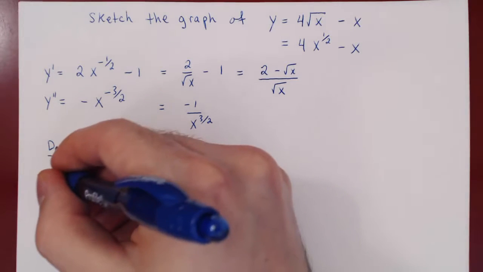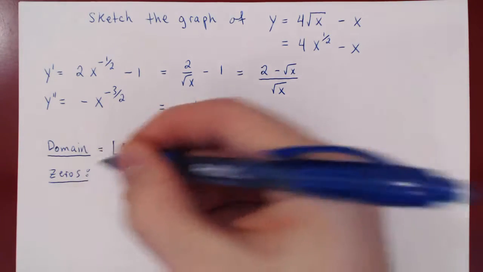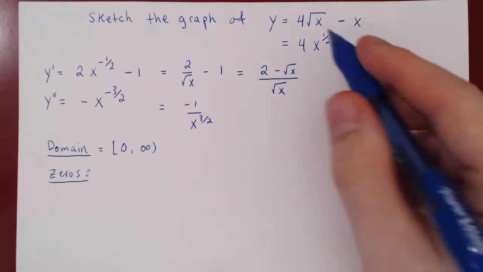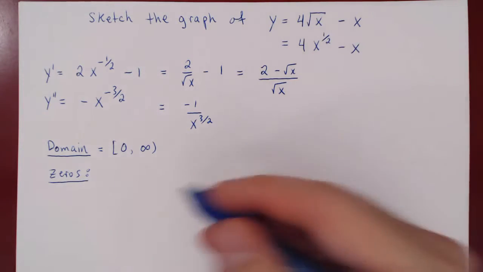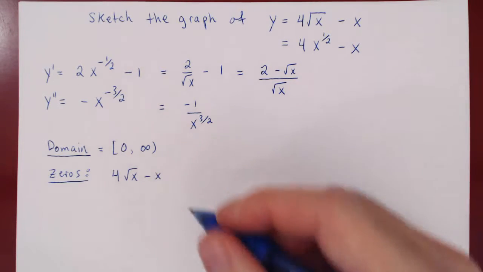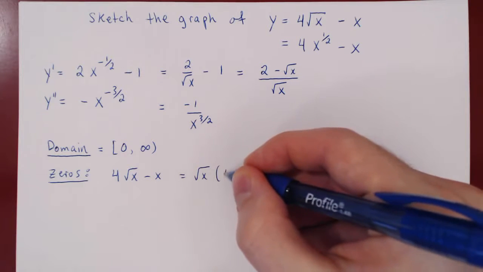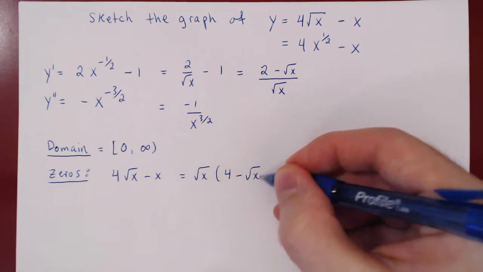Let's look for the zeros of this function. So y will be 0 for 4 root of x minus x. Factor a root of x, and you'll get root of x times 4 minus root of x.